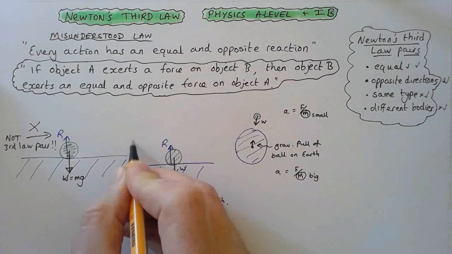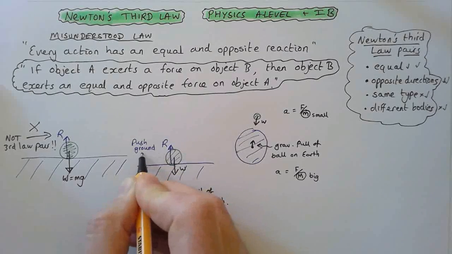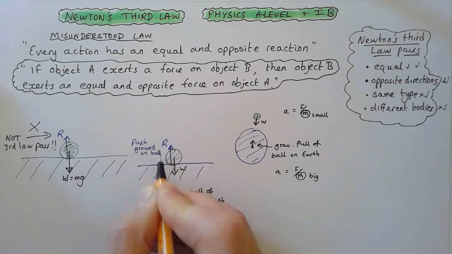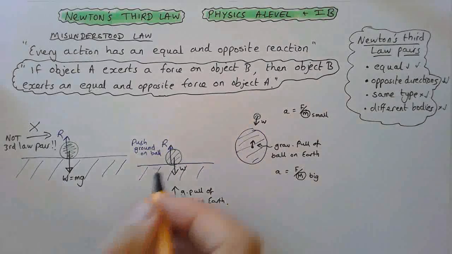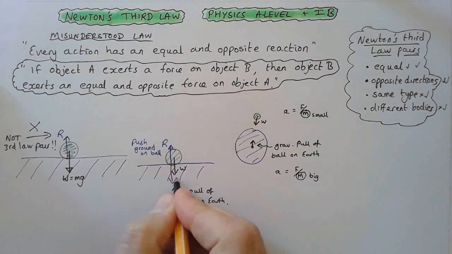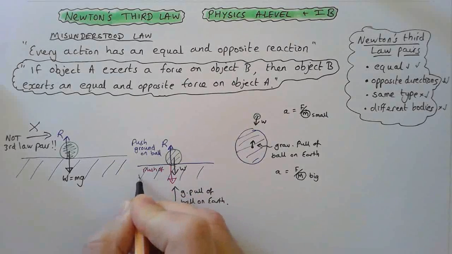So it's the push of the ground on the ball, and its opposite force is simply the push of the ball on the ground. So I can draw that pointing down there, and I'll call that the push of the ball on the ground.